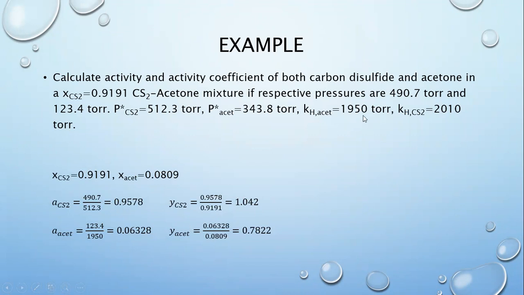So we don't need the Henry's law constant for carbon disulfide, because carbon disulfide is clearly going to be the solvent. We don't need the P star of acetone because acetone is clearly the solute.